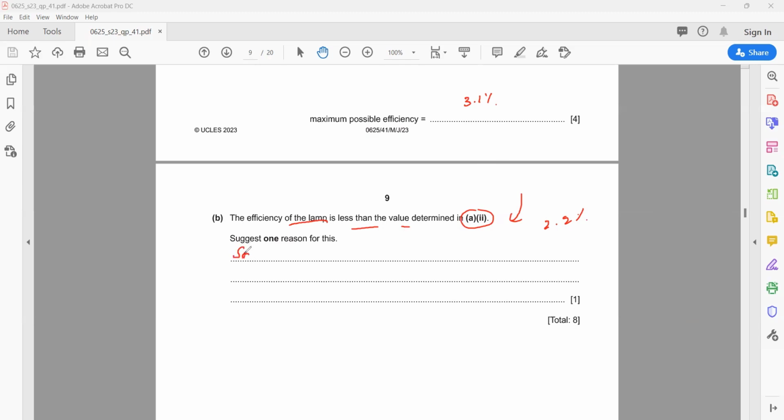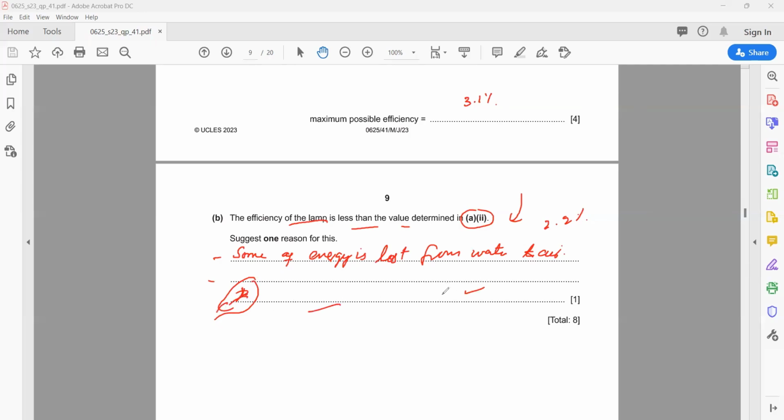Because some of the heat is lost, some of the energy is lost from the water to the air. Got it? And maybe some of the heat is transferred to the internal structure of the lamp inside.